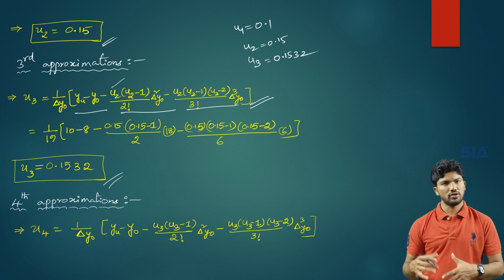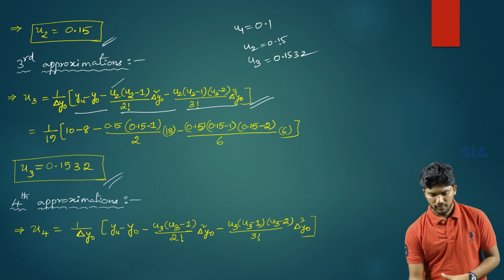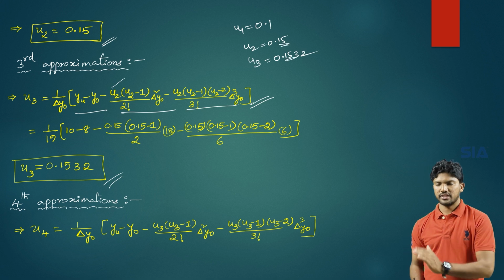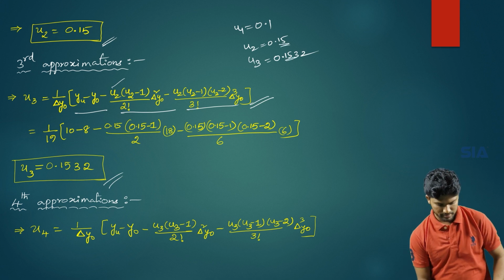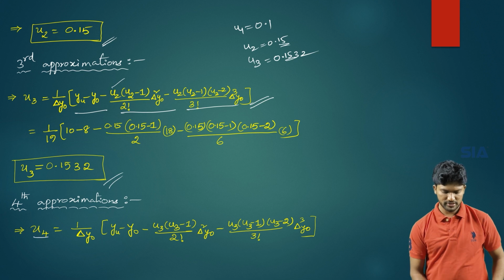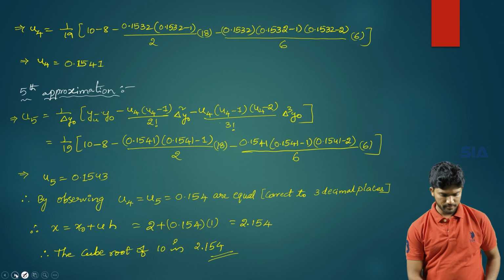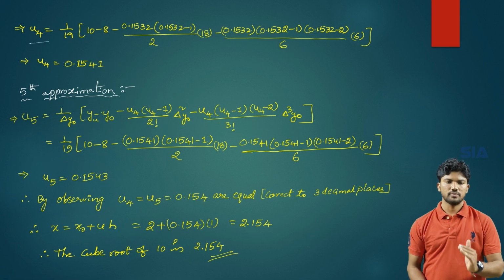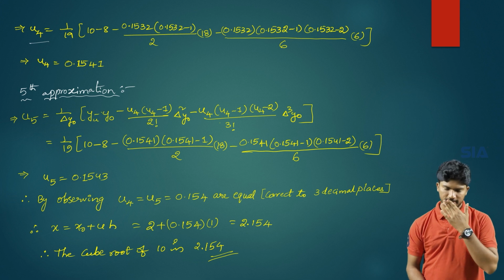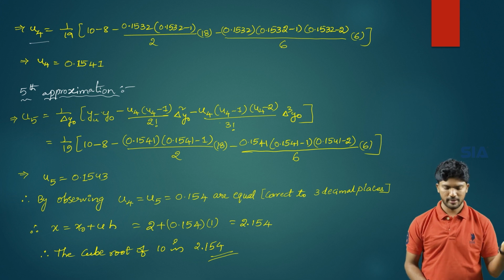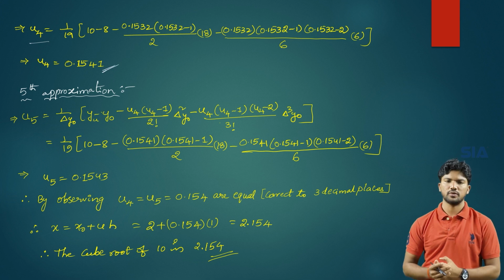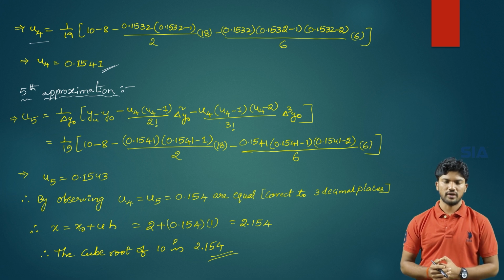Next we go to the fourth approximation, because the values 0.15 and 0.15 are the same, but the next values are not the same. So the fourth approximation, u suffix 4 is equal to, this is the formula. Substitute the corresponding values from the previous approximations and the table. Then you will get u suffix 4 is equal to 0.1541.